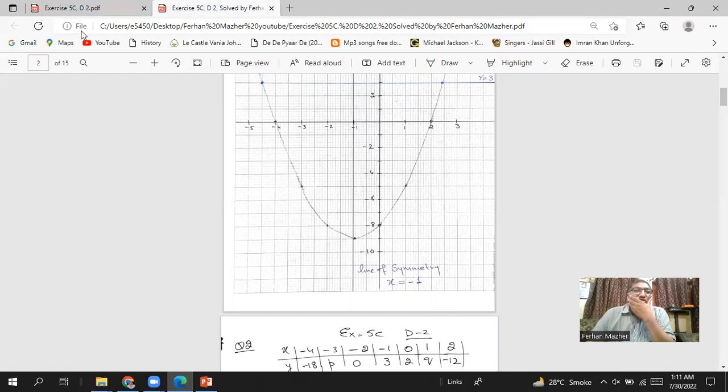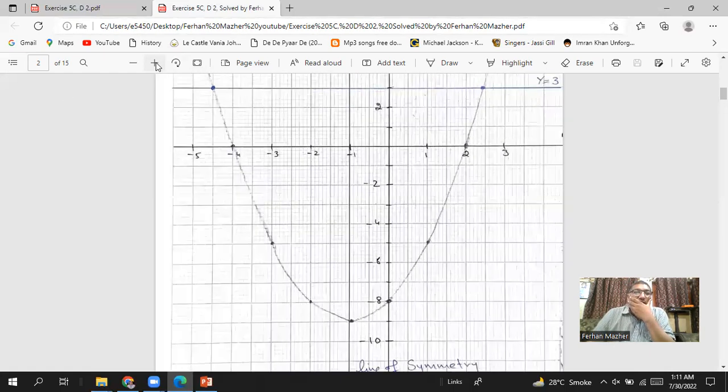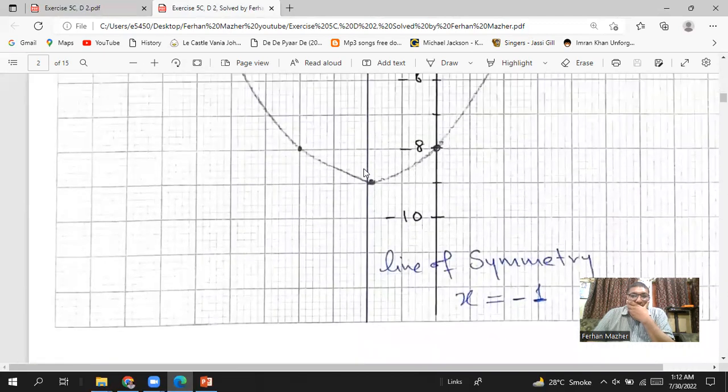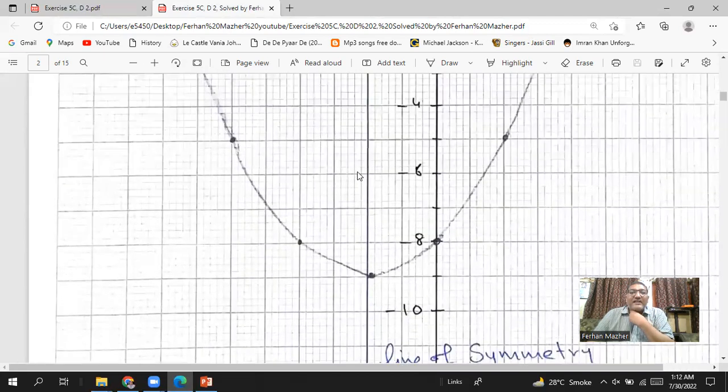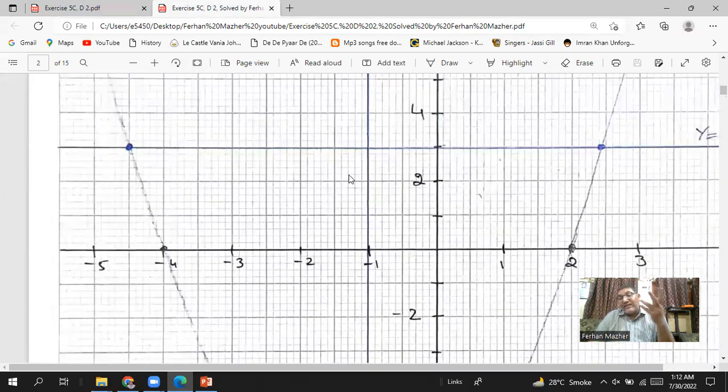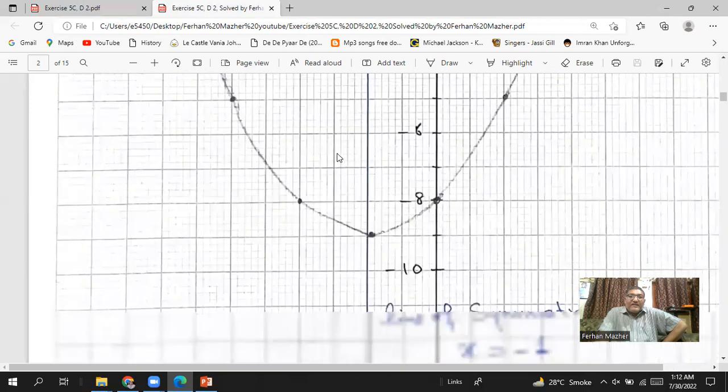You see, this is that line. So the line of symmetry will cut the graph into 2 equal parts. It is a vertical line always, and in the case of quadratic functions, the line of symmetry of the quadratic graph is always a vertical line, and it passes through the turning point, from where the graph takes the turn.